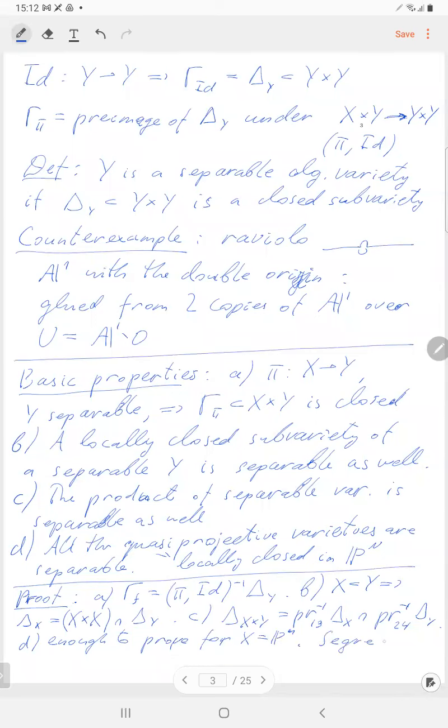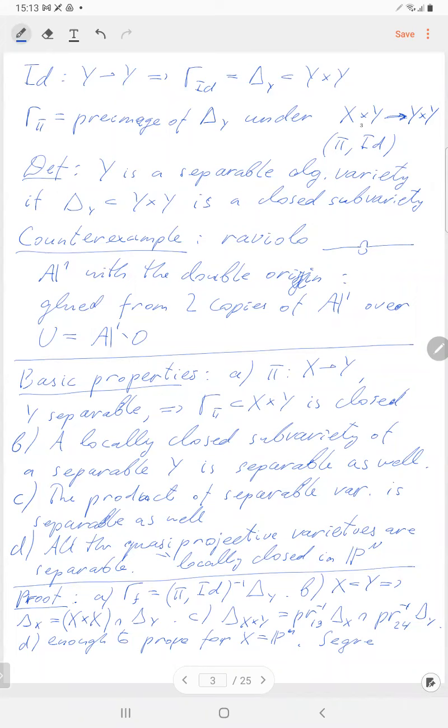And where did we use in part B that the subvariety is locally closed? Somehow we don't, in a sense, we don't use it, but it's just the definition. When we say subvariety, we presume that it's a locally closed subvariety.